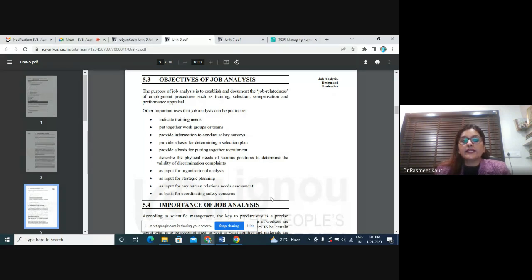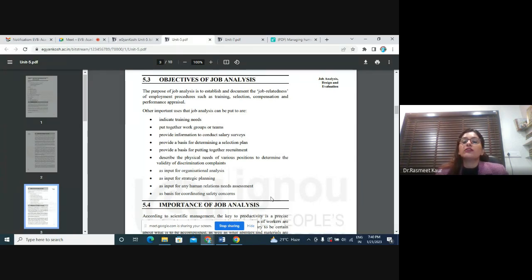So it is job relatedness. You try to have clarity about what kind of job you are going to create, because you have already done manpower planning. Now you know that there is a requirement for a particular job in the organization, or a requirement of human resource. So before you invite people into the organization, you are doing job analysis.